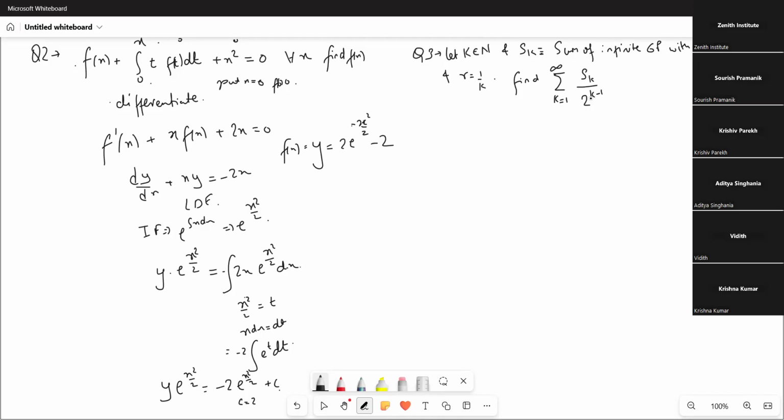Sk is the sum of an infinite GP with the first term being k square minus 1 and the common ratio being 1 by k.